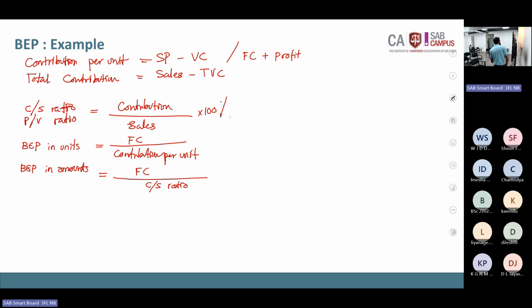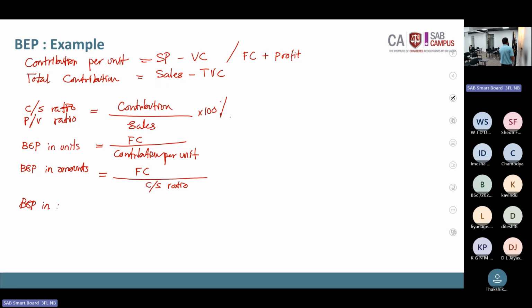Then we can calculate the break-even point with the target profit. If we want to identify, let's say, if we need 100,000 profit, where is our break-even point? To identify that, we can do a separate calculation.